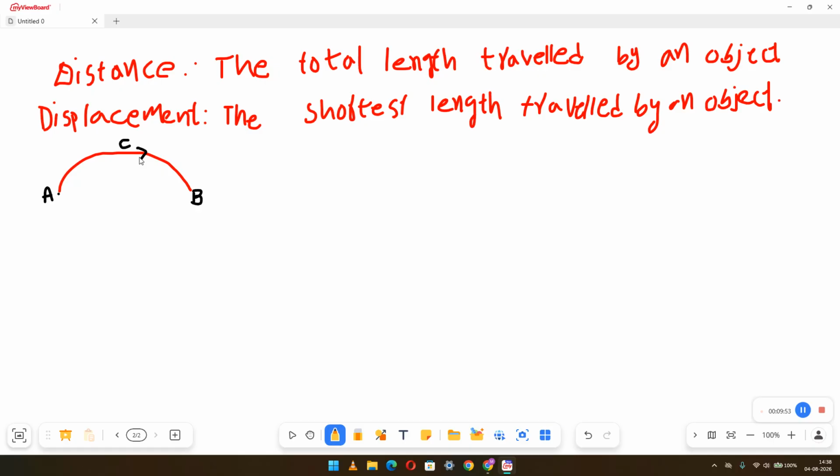So the distance here is ACB, the total length. Here ACB is the total length travelled by an object.